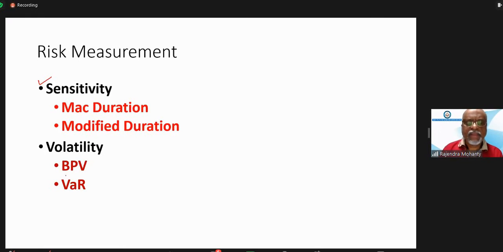One is called basis point value, BPV, and another is called value at risk. These are the tools or instruments used to calculate the risk. Normally we calculate only the loss. Profit is not required, but sometimes profit is also calculated.